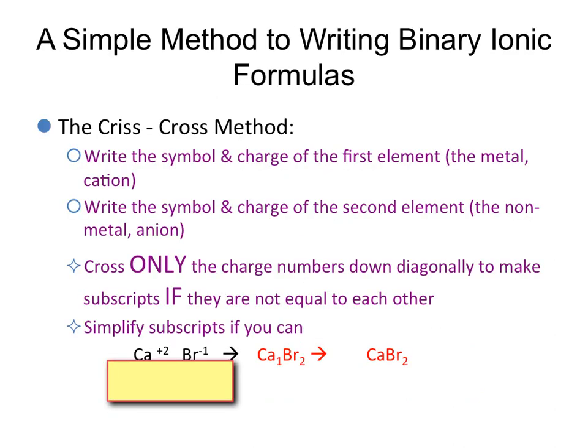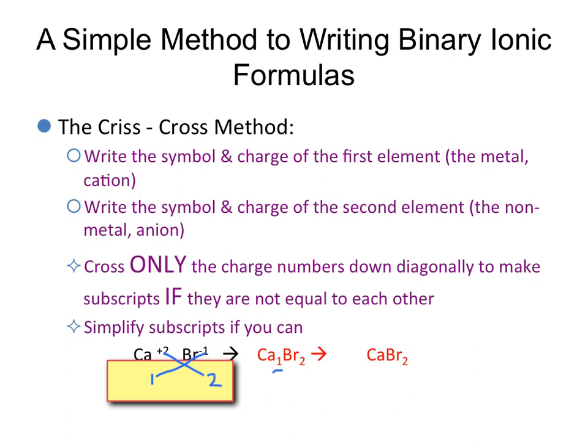So there is a shortcut to writing chemical formulas. It's called the crisscross method, and you do what you did before. You write the symbol and the charge of the first and the second element, but you cross only the charge numbers down diagonally to make subscripts if they are not equal to each other. As you can see with the example we just did a second ago, we will take the 1 and move it down here, and the 2 and move it down here.